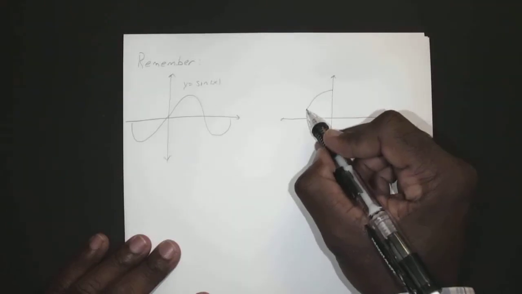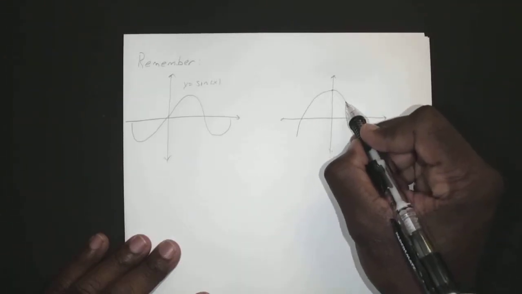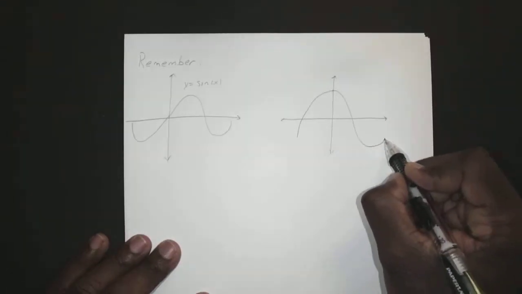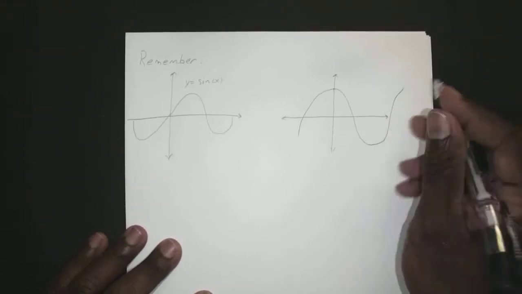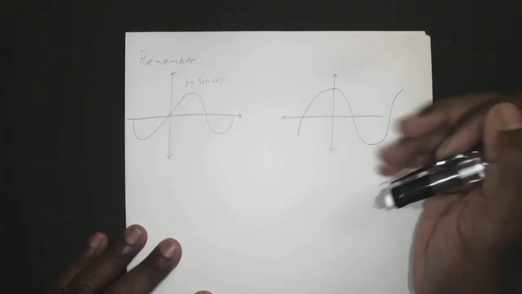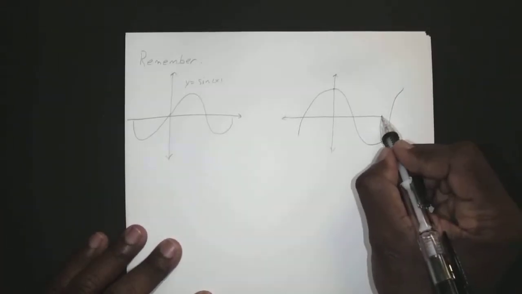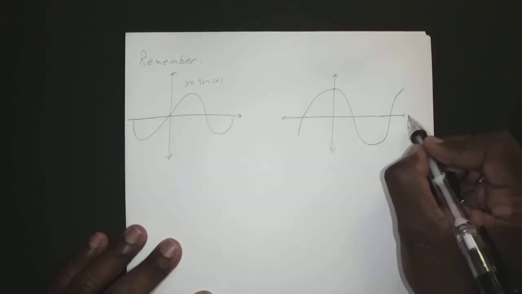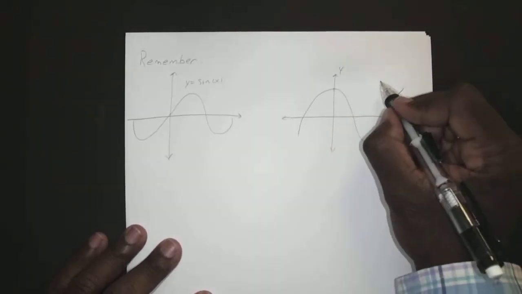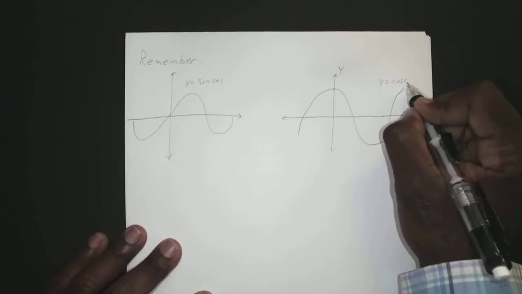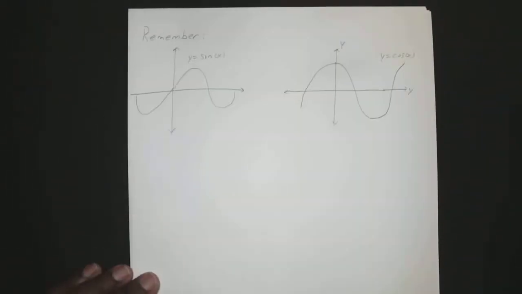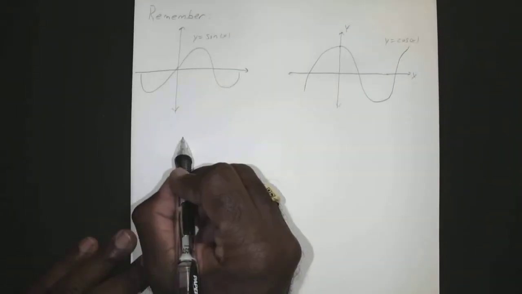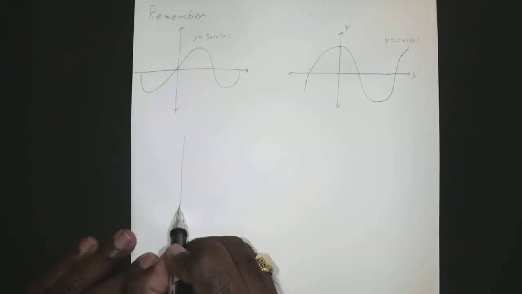Say y equals cosine of x, and it looks, give or take, something like that. Okay, and y equals tangent of x.